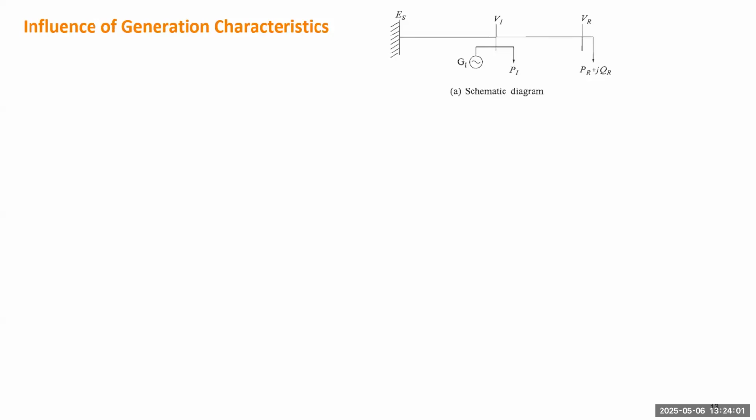Another example is, what if we have a generator behaving as the var source of the radial system to provide reactive power. A generator may not be an ideal var source either, because each generator will have some var limit. So let's assume this condition, and we add a small generator at the middle point of the radial system, and we use this small generator to provide some var.